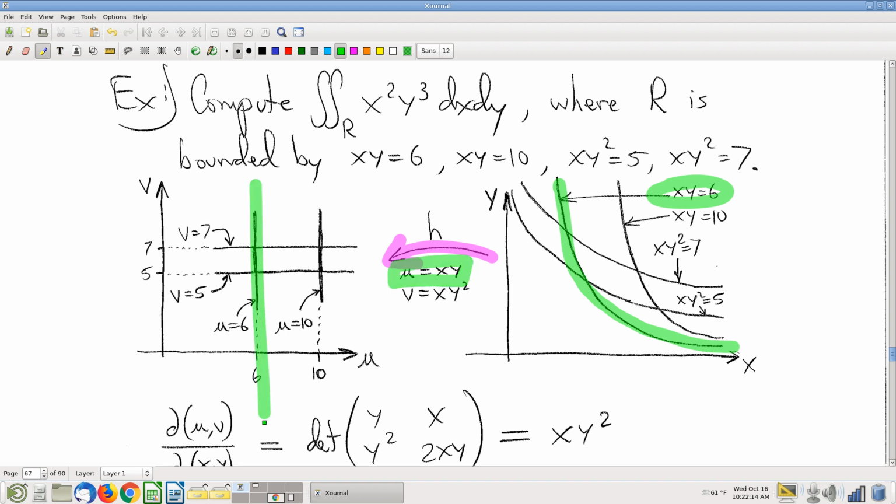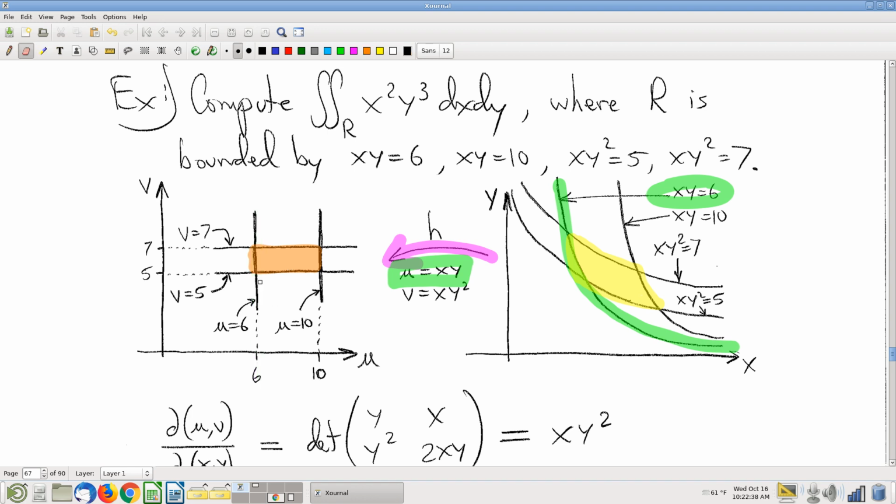It becomes a straight line. And thereby, our highly undesirable domain turns into, instead, just a rectangle. Everybody's favorite domain for a double integral, right? Constant bounds, one chunk, no problem.